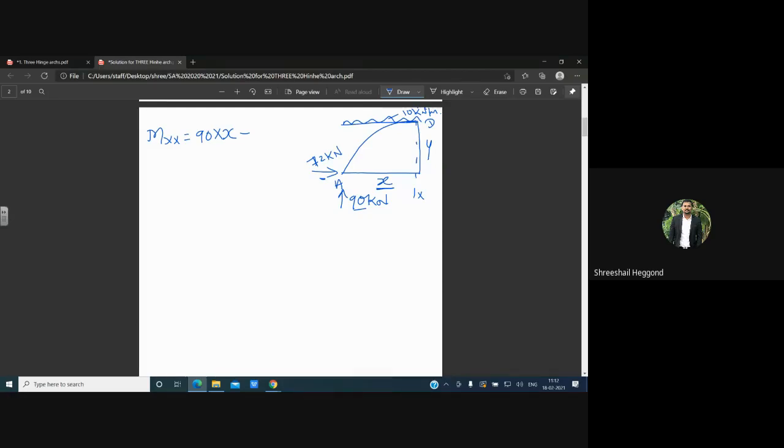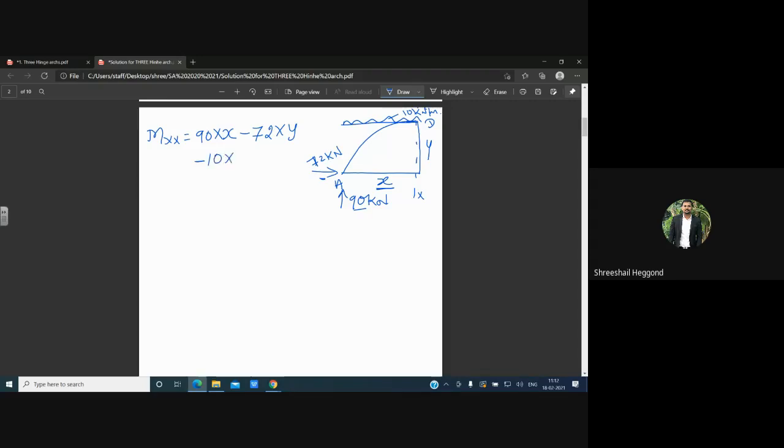And one more load is there, that is the 10 kilonewton UDL. That can be written as 10 into X into X by 2, and directly I can write X squared divided by 2.